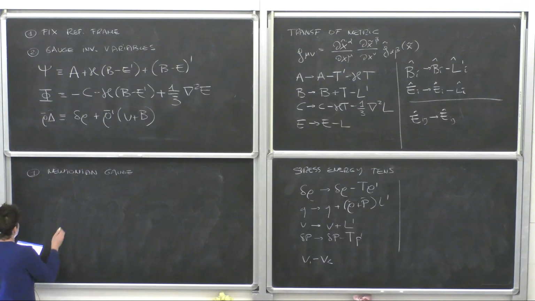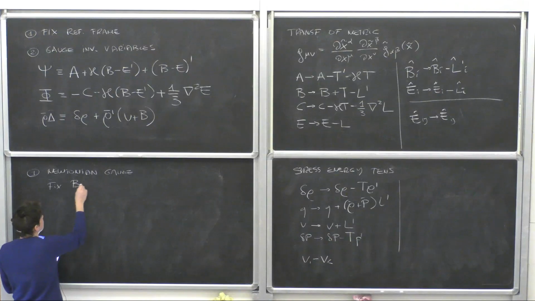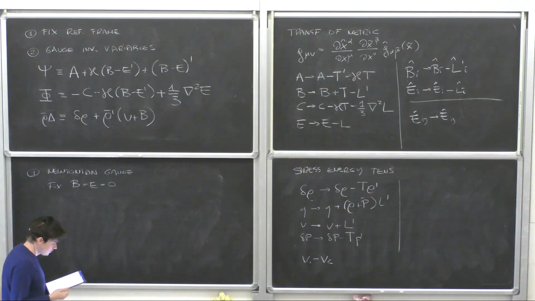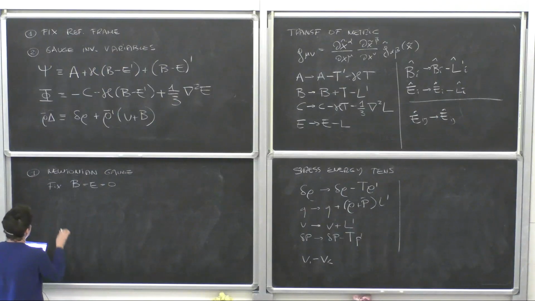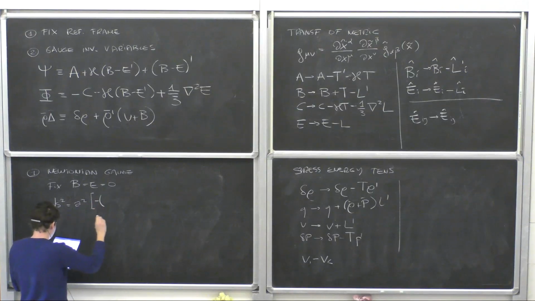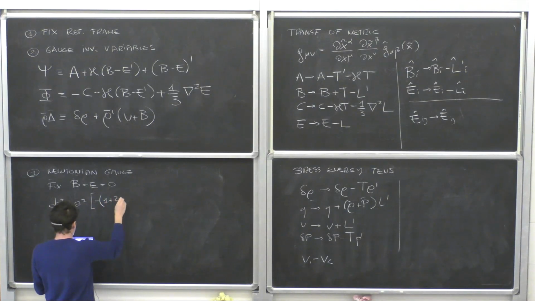And this happens when I fix B equal E equal 0, and then the scalar part of the metric becomes a squared (minus 1 plus 2 psi).